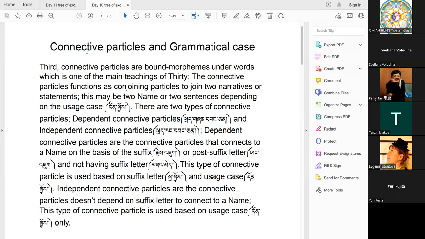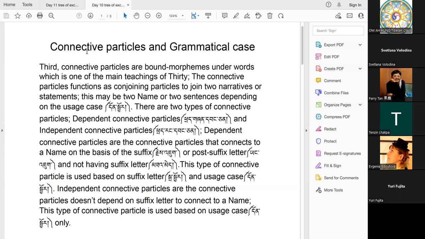Okay, so let me just quickly brush through the topic, that is the connective particle, because last time it seemed that we didn't have enough time to talk about it. So connective particle, by the name itself, in Tibetan it is called tik te, meaning something that is used with, associated with something that is met with another name.